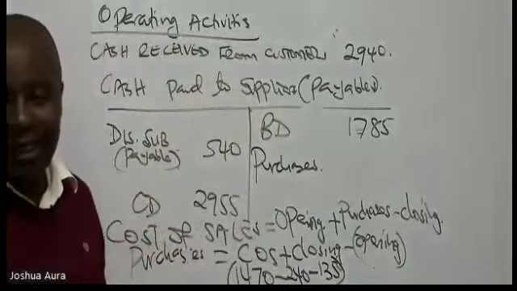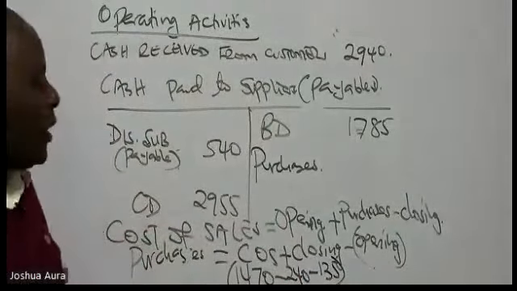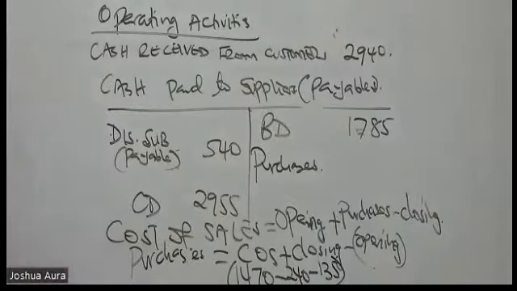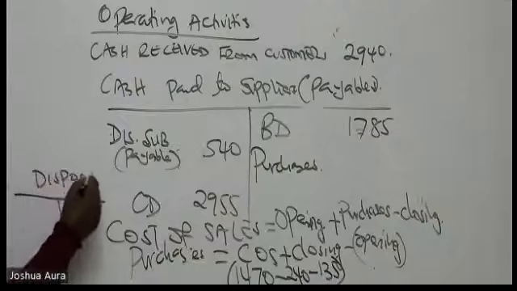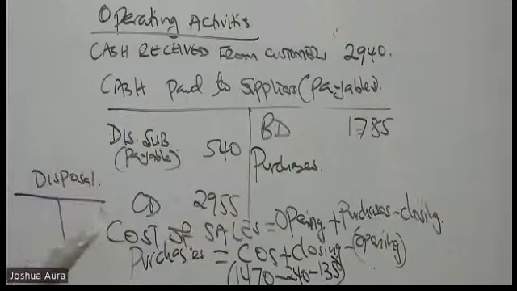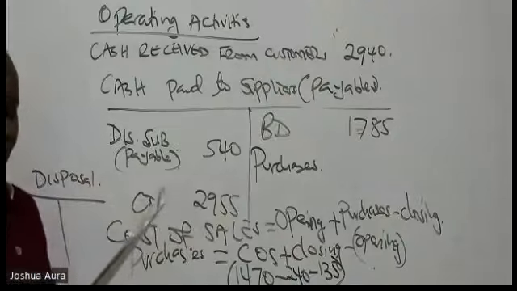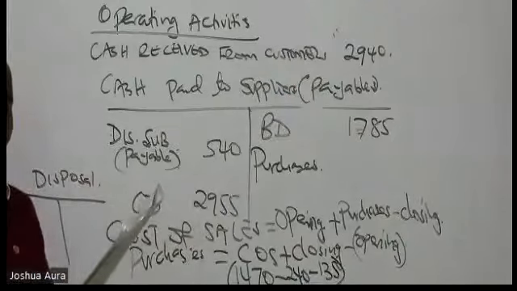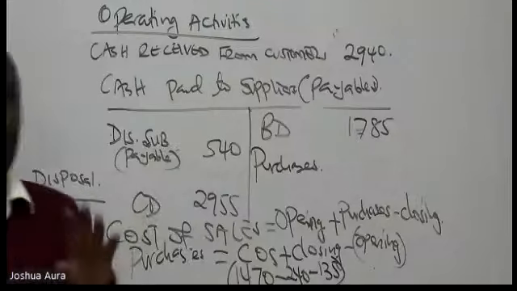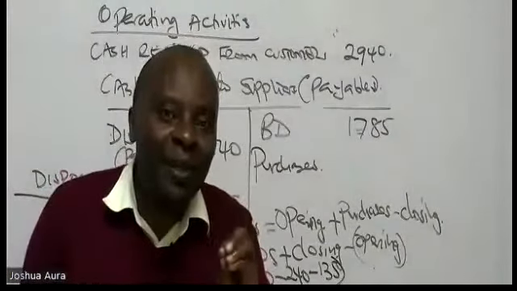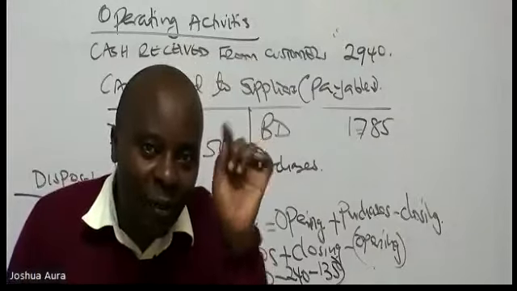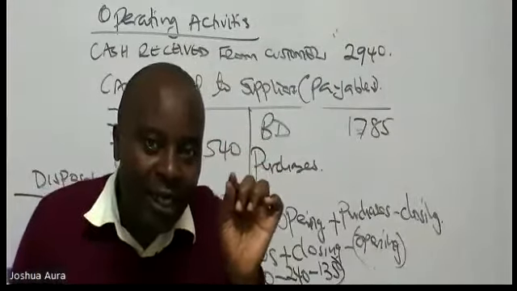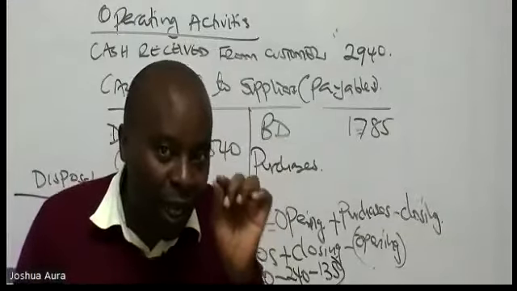Don't even calculate it. However, in the interest of the students who have just joined us, if I'm to do a disposals account, just a small account here called disposals account. Like they're telling us, an item of property, plant, and equipment whose carrying value was 885 was disposed. When you dispose a PPE, what happens? You go to the PPE account and credit with the disposed asset's carrying value.